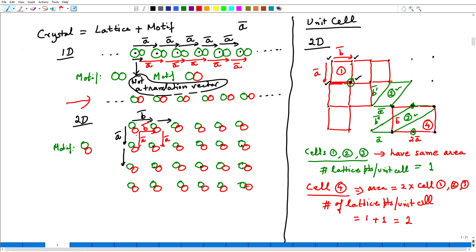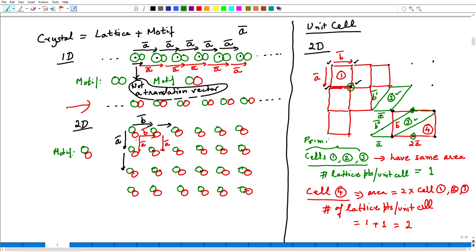Now, we give a special name to cells like 1, 2 and 3. We call all such cells which have only one lattice point per unit cell primitive unit cells.